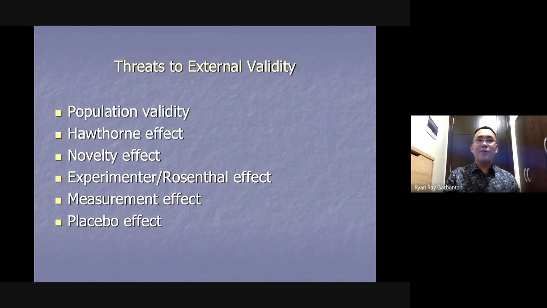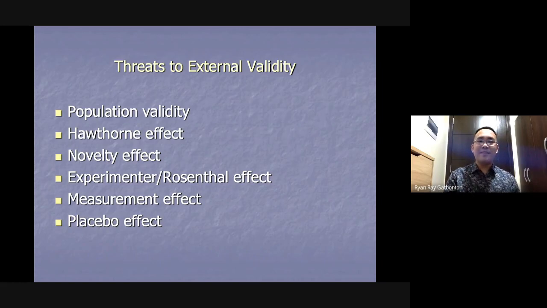So, one of the ways they proposed, no, doon sa Hawthorne company, is to increase the lighting of the facility. When they increased the lighting, they observed that productivity increased. So therefore, they concluded that we need to increase the lighting. Months after the study had concluded, the production rate in Hawthorne Electrics went back to the original stage.